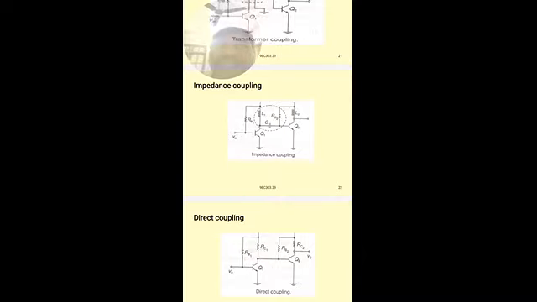If the amplifier uses positive feedback... So what is actually the feedback here? If a part of the output signal is connected back to the input, then it is called a feedback signal for correction. So if we sample a part of the output signal and connect it back to the input, this is called a feedback signal.